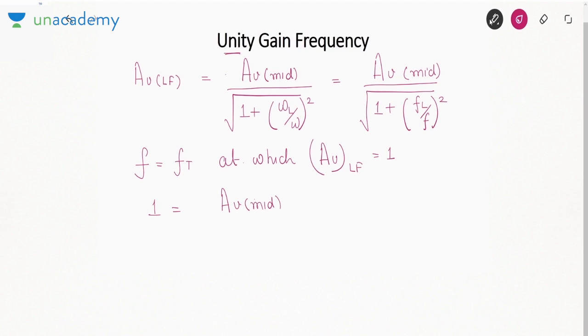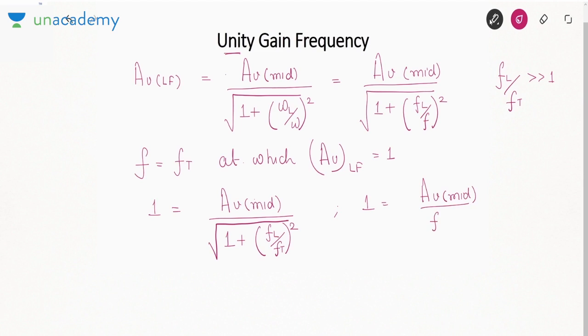This is AV mid over under root 1 plus FL by FT whole square. Now if I say FL by FT is much greater than 1, then you can say 1 equals AV mid divided by FL over FT, which means this FT will become FL over AV mid.